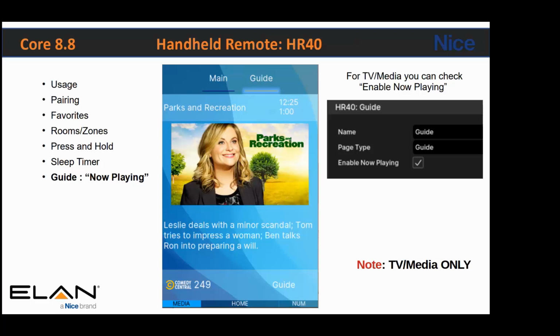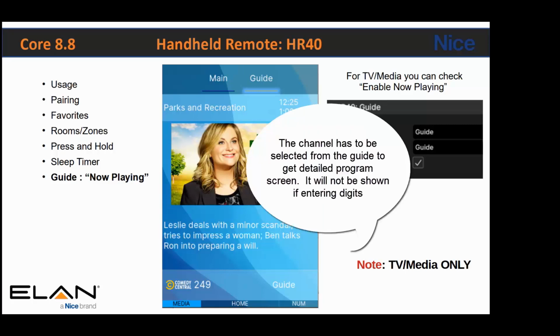And you can see what is playing when you select that from the guide. So if I hit Comedy Central from the guide, it goes to this page on the remote, which is awesome. It tells me details of the actual show, an image of the actual show, and everything. Then again, that's only when you navigate from the guide feature and you're using TV media, which is North America only.